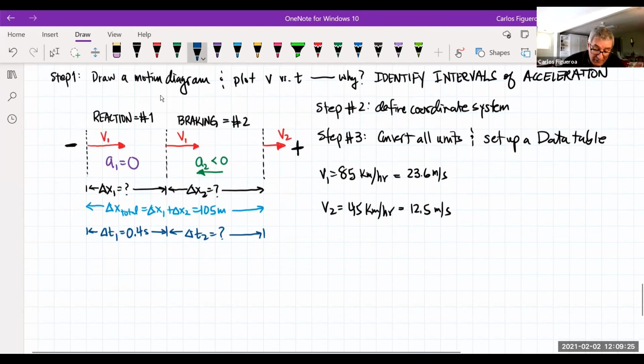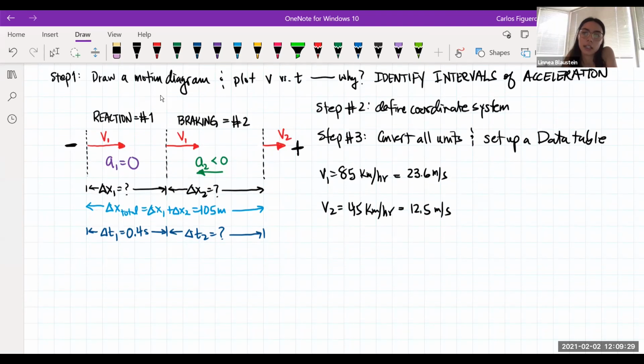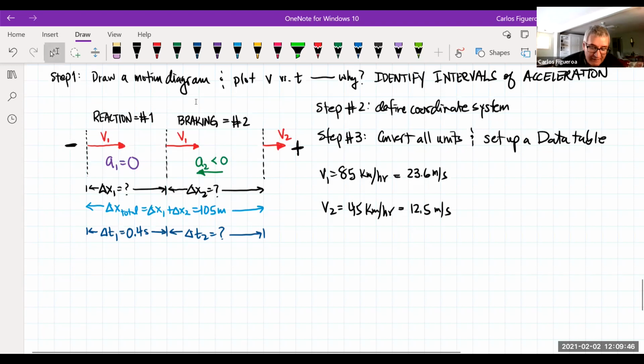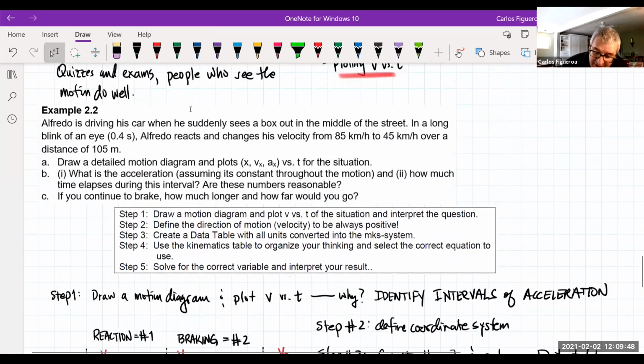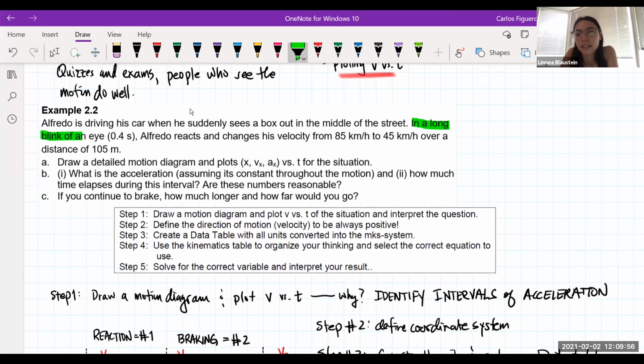So here I go. Let's set up the table. By the way the question is worded, it does seem a little bit not very plausible, but the way it's worded almost makes it sound like their reaction time and the braking is in that 0.4 seconds. The reason why I say that it doesn't is because it says here, in a long blink of an eye, he reacts.